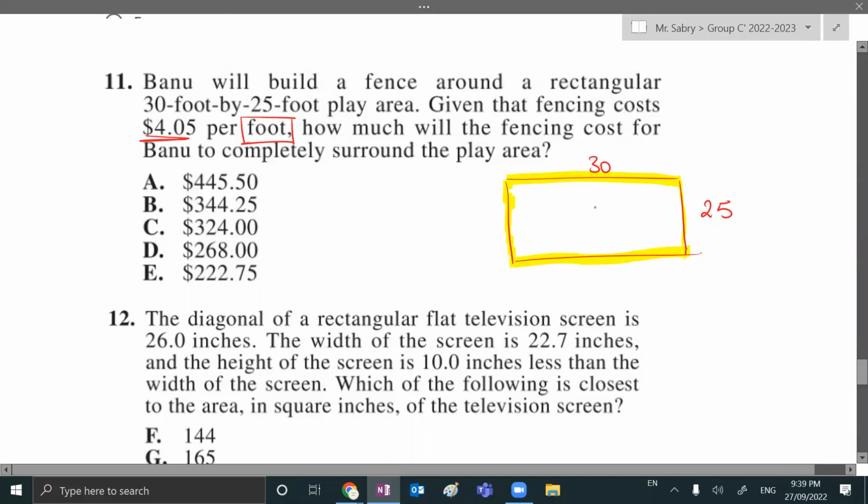So if I need to build a fence, I just have to add all of those together. And that would get me 110, which is 25 plus 25 plus 30 plus 30. So this is 110 feet. Each foot costs 4.05, so the 110 should just be multiplied by 4.05. Does that make sense, everyone?